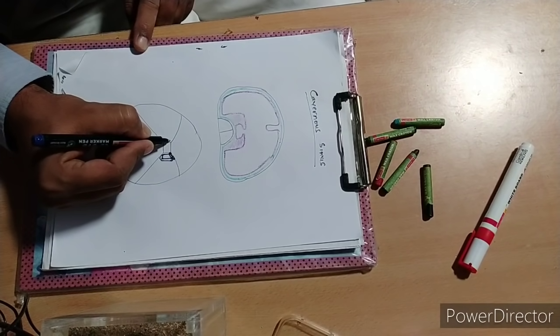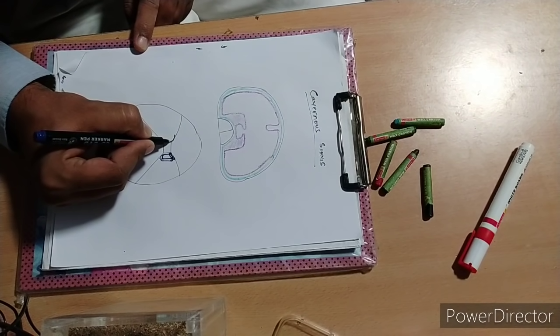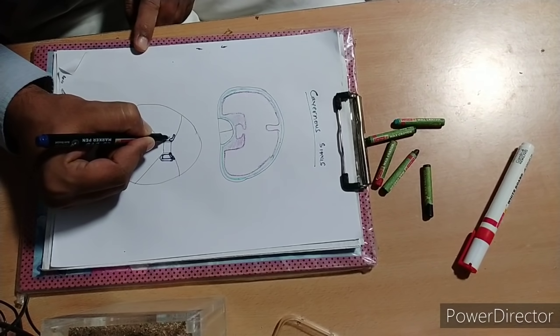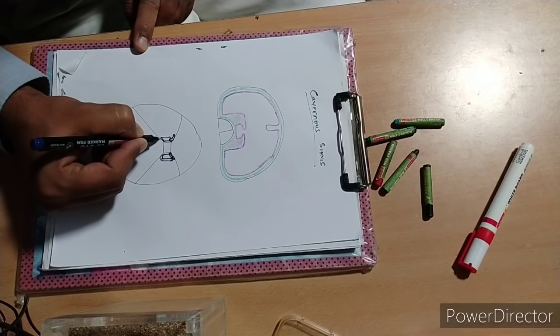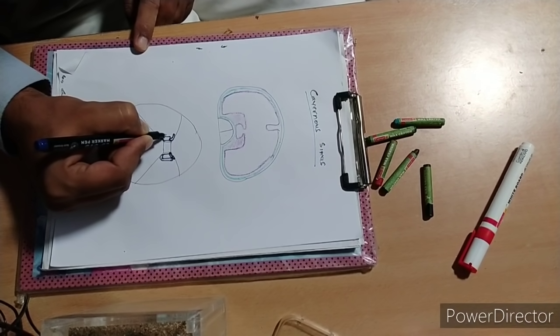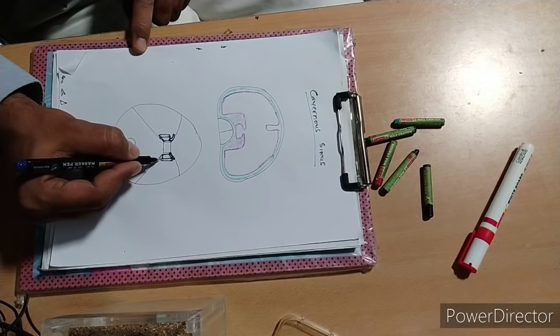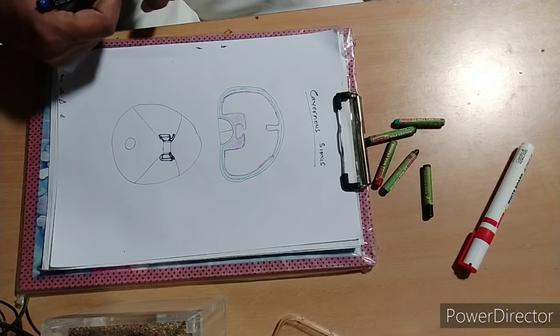On the opposite side, this is the superior orbital fissure. The sinus extends anteroposteriorly. So this is a rectangular sinus.